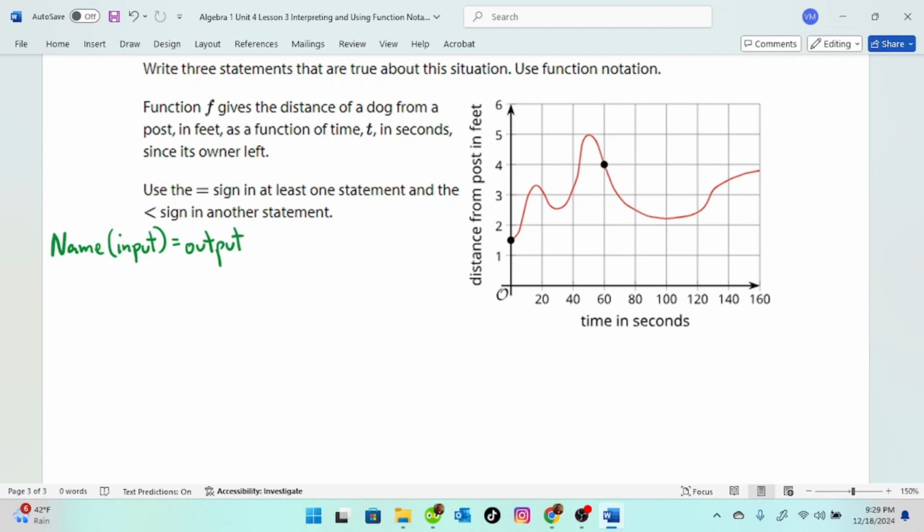And we know by looking at the graph, our input is time in seconds, and we know that the output is distance from post in feet.